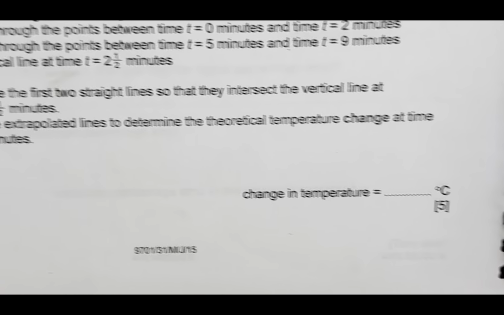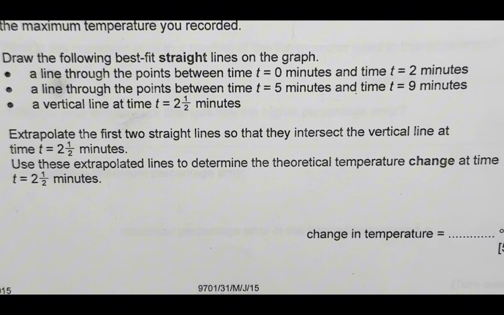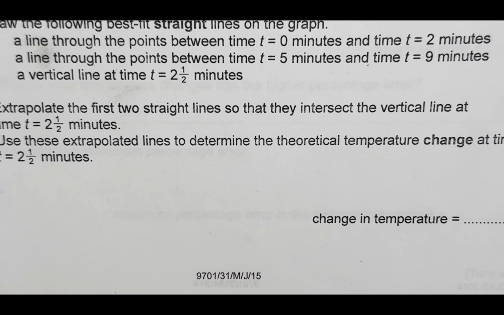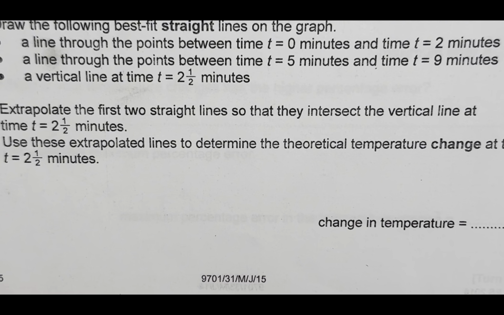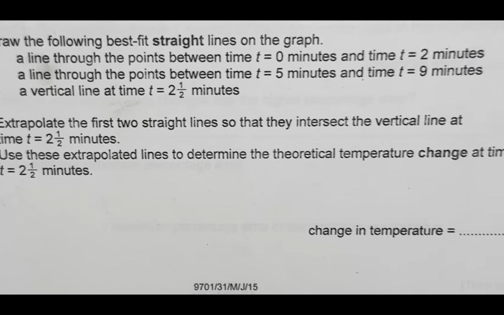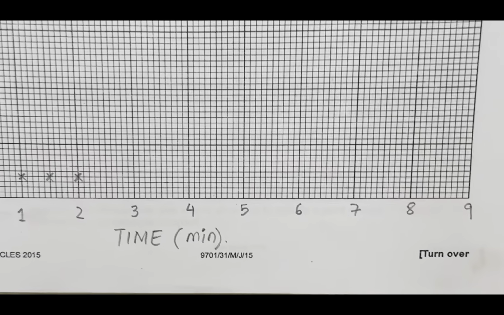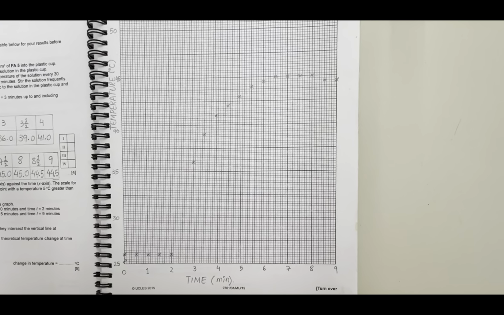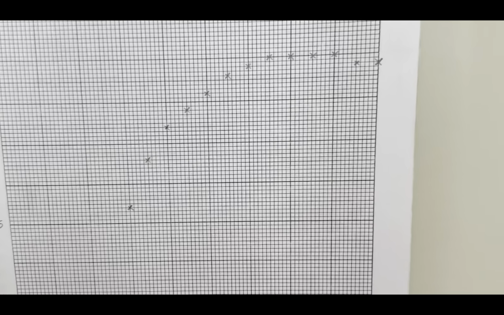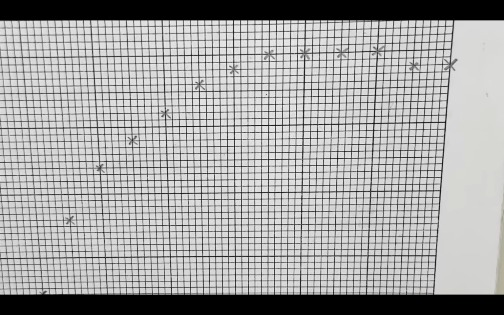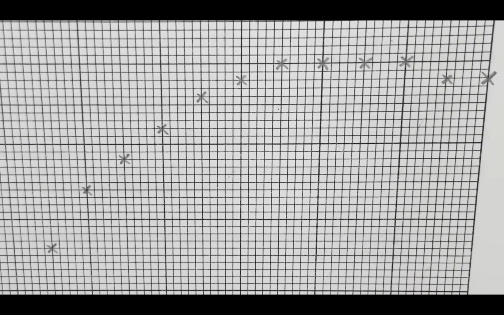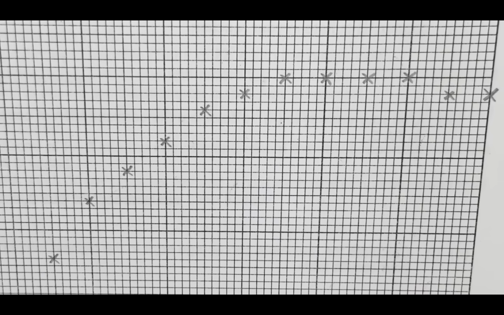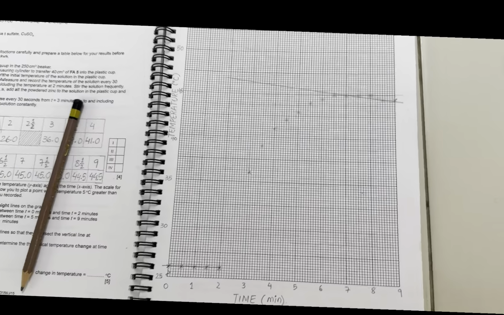And then a line through the points between time 5 minutes and time 9 minutes. Now here we have from this time 5 minutes to 9 minutes, we have a bit scattered graph here. Now let me tell you how to draw a best fit straight line on these points.